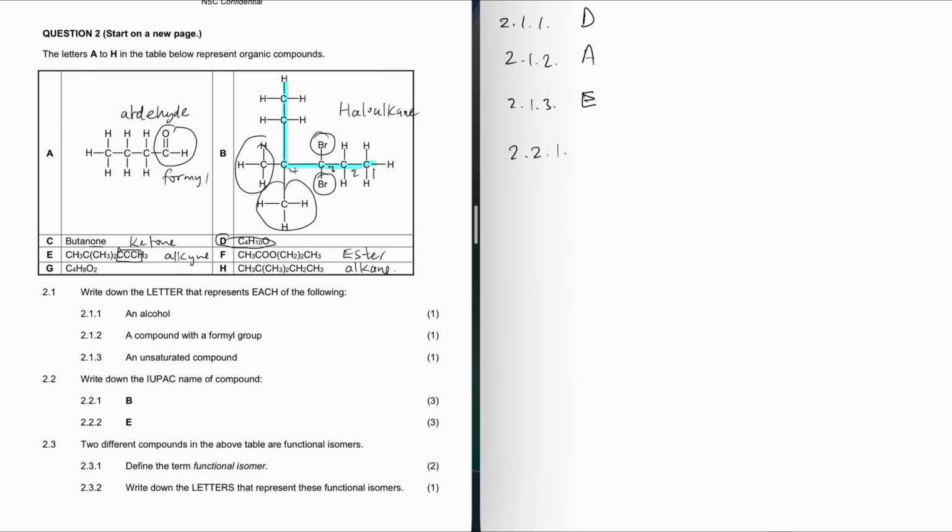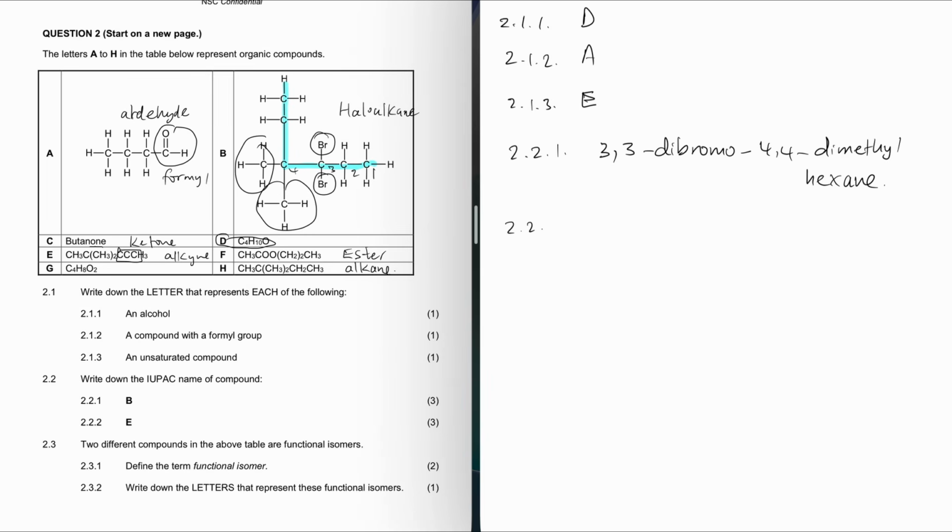So this is going to be 3,3-dibromo-4,4-dimethyl, and then I can't fit it, so I'm going to write it below. This is going to be 6 carbons, and that's going to be hexane.